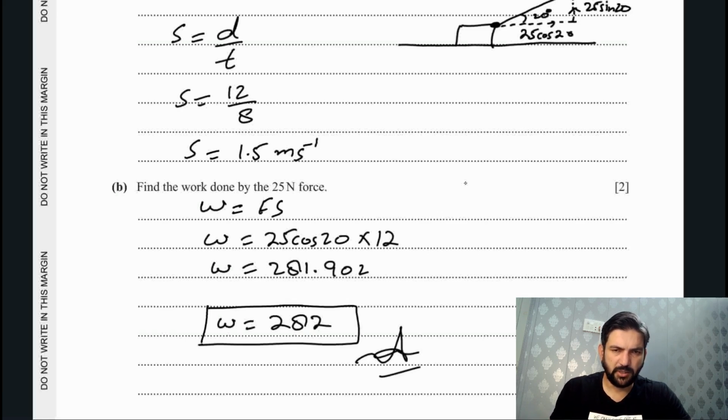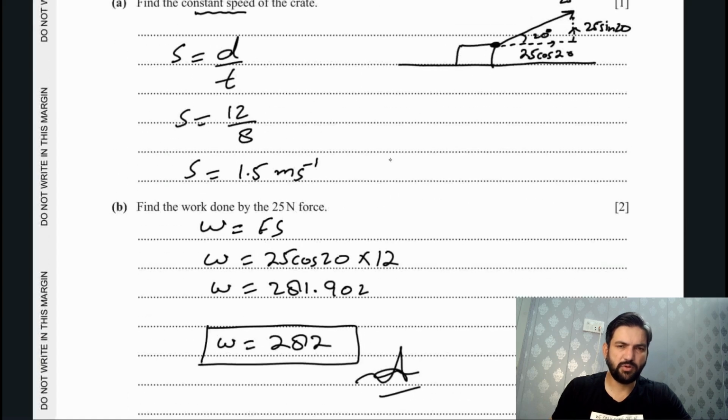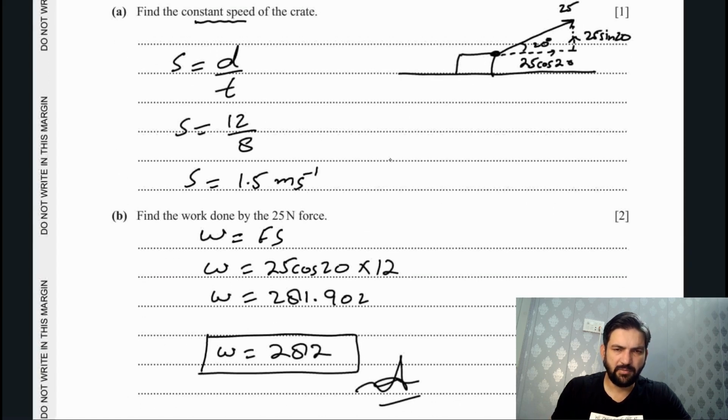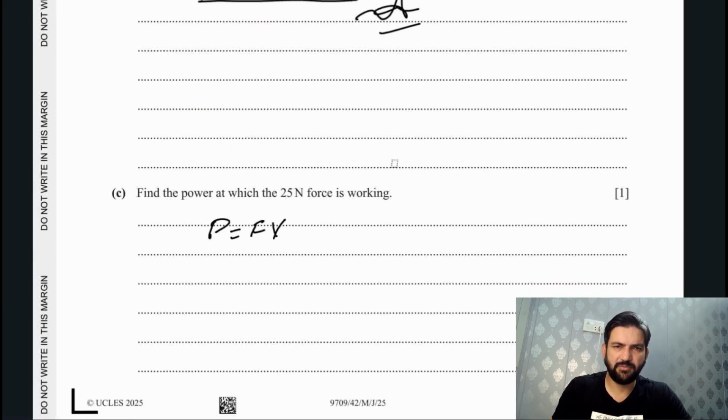Let's move to the next one. Find the power at which the 25 Newton force is working. For power we know that P is equal to Fv. The velocity is 1.5, as we discussed in the first part.